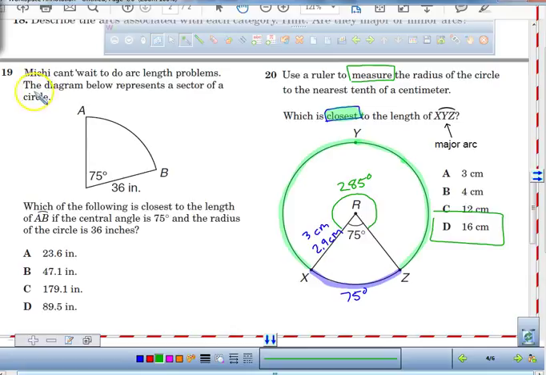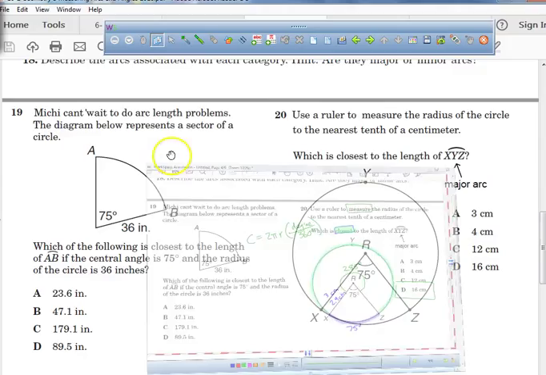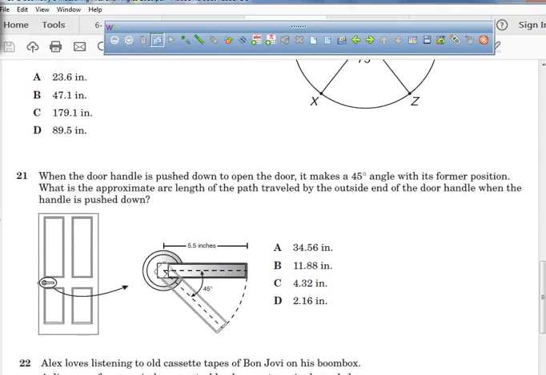By the way, what does problem number 19 deal with? The same exact stuff. So what formula are you going to use for number 19? This formula. What formula are you going to use for number 21? That same formula. What are you trying to find?